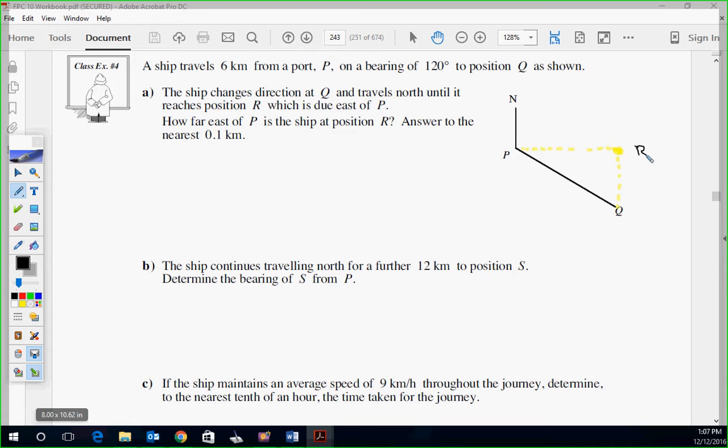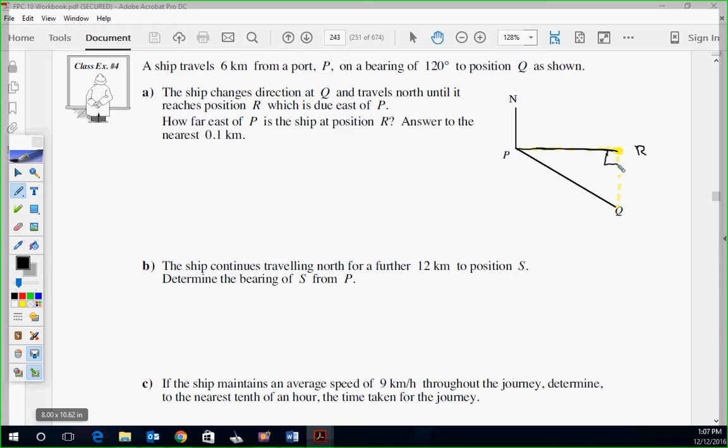So we're talking about this distance, right? We're trying to find that distance. What information do we know? We know this is 90. What else do we know? Yeah, Jose? You subtract 120 minus 90, which is 30. You guys hear that? That's really important.